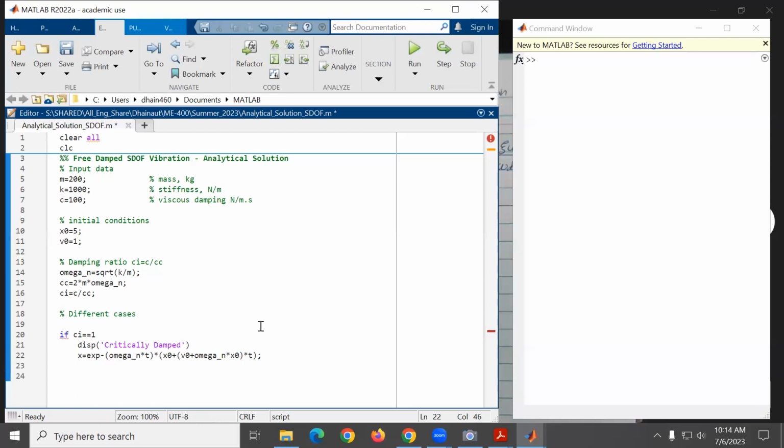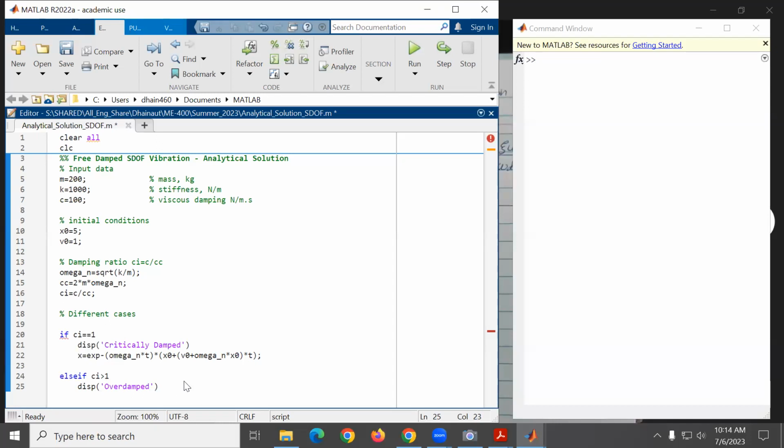Then we can do else if C higher than 1. We can say here display overdamped, that's it.